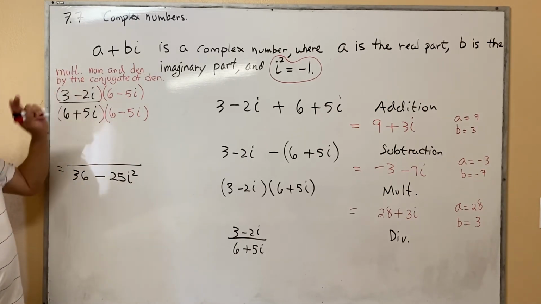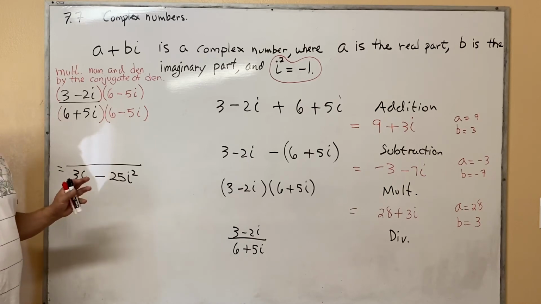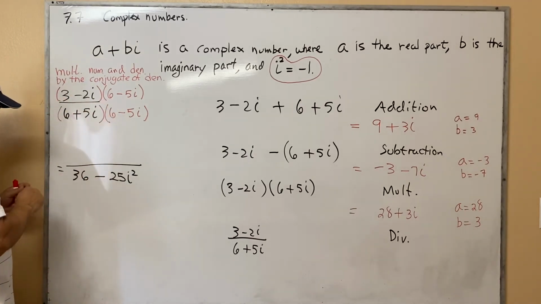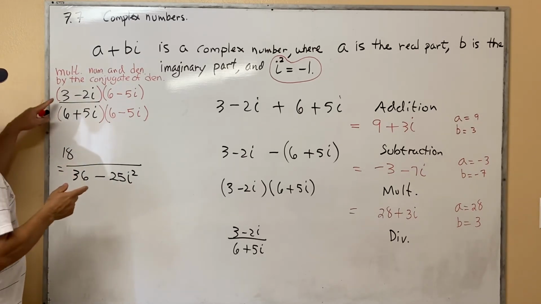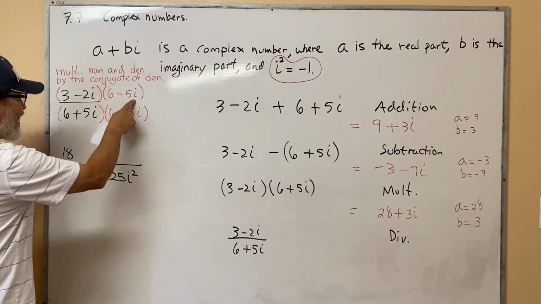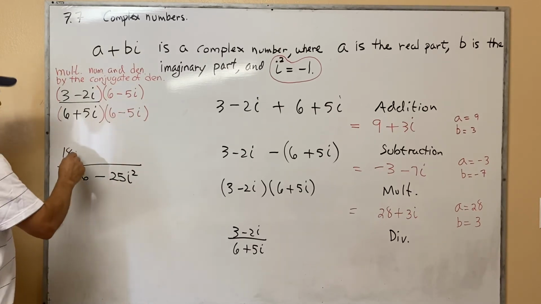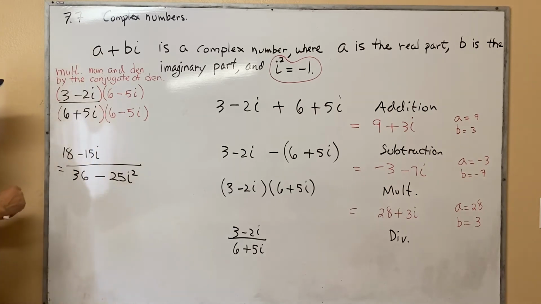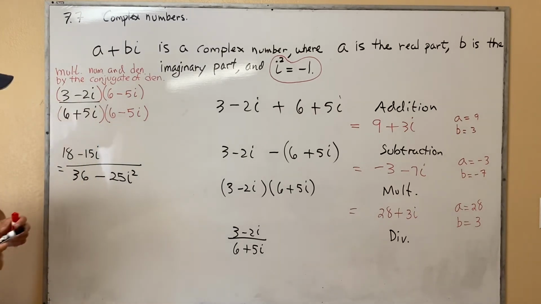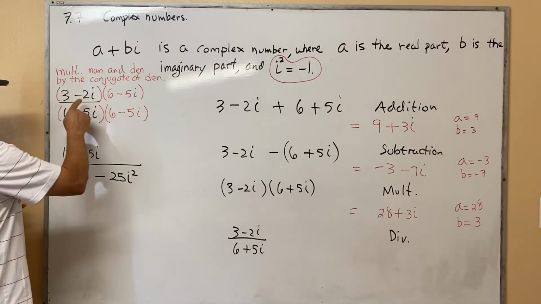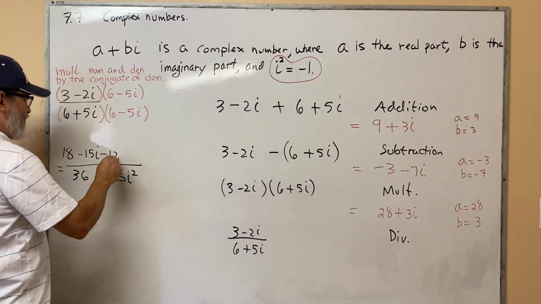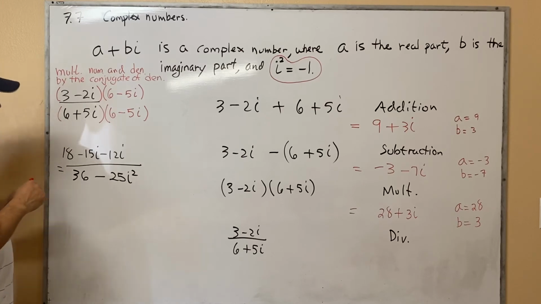The top, they're not conjugates, so you have to FOIL. First, 3 times 6, 18. Outer, 3 times negative 5i. Negative 15i. Inner, negative 2i times 6. Negative 12i. Okay?